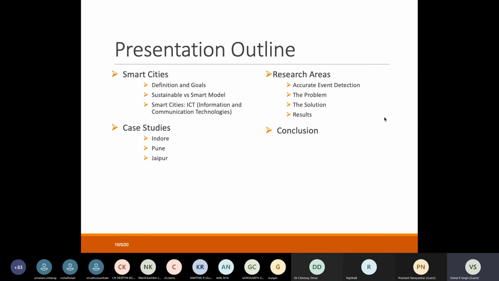Now, I've incorporated a brief case study with the cities of Indore, Pune, and Jaipur. These cities have already started working on the concept of smart cities.